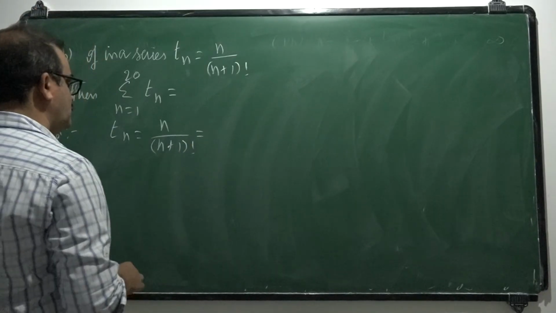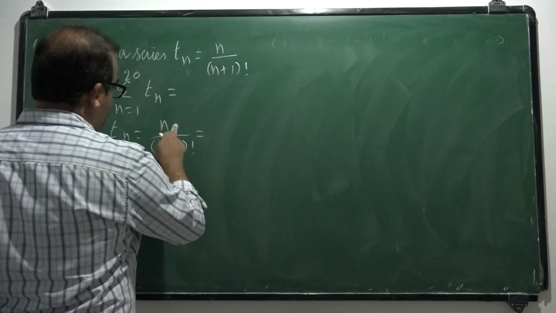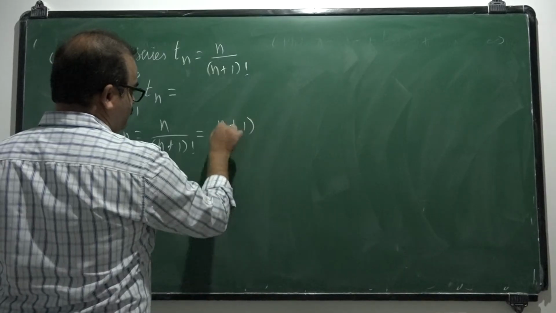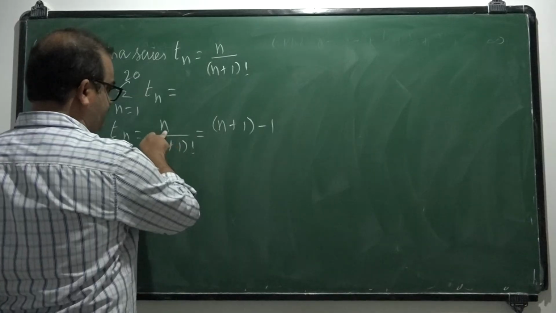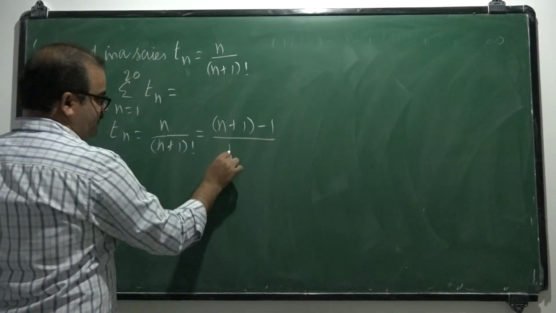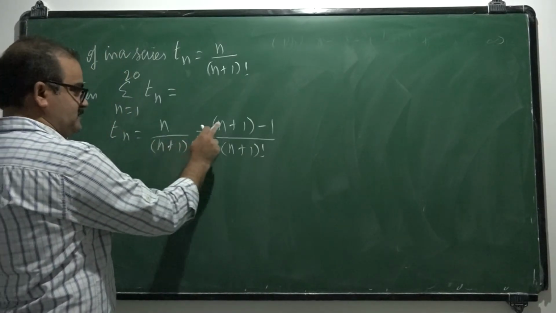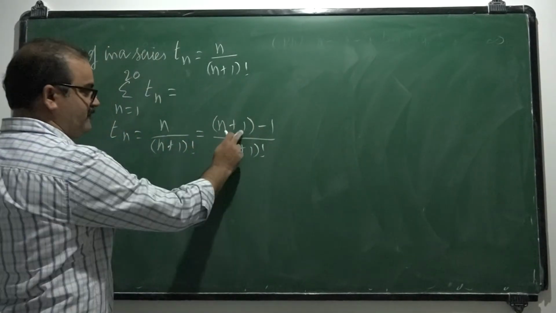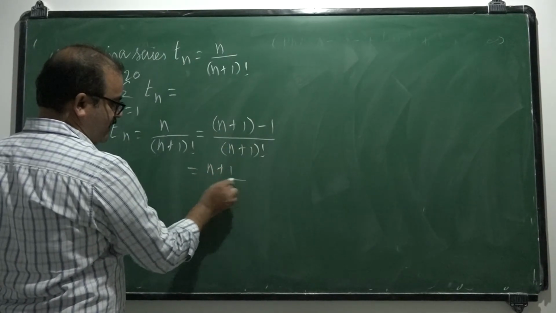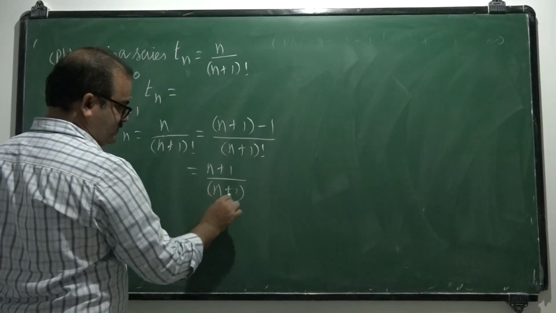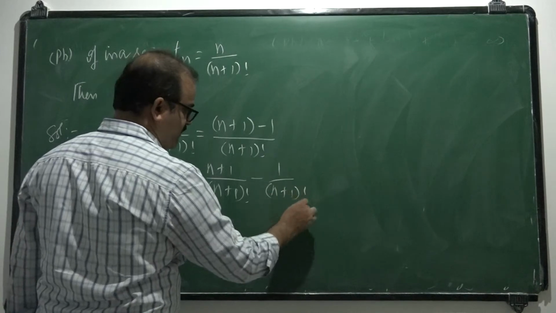This is equal to, we write this n as n plus 1 minus 1. Add 1, subtract 1. Now divide separately. N plus 1 by n plus 1 factorial minus 1 by n plus 1 factorial.